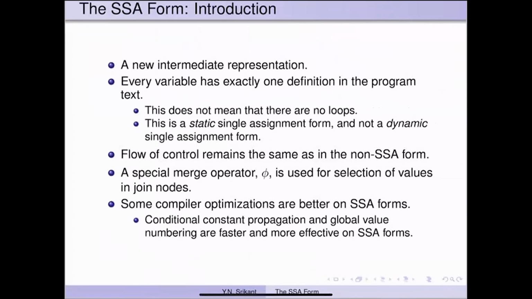So, why do we need yet another form called the SSA or the static single assignment? The answer is, the number of optimizations possible in a compiler is quite large, and not all the optimizations can be done very well on the quadruple form that we have looked at.